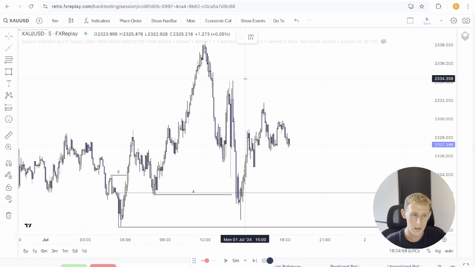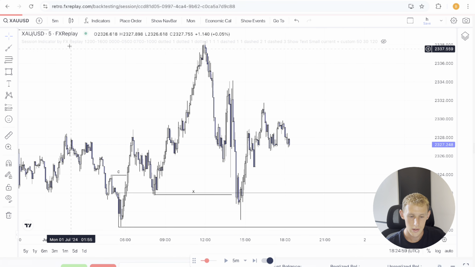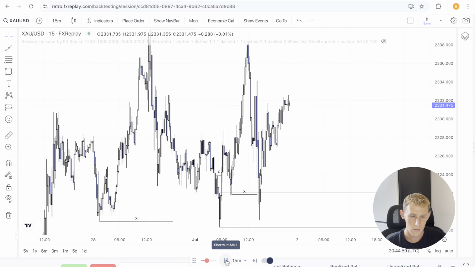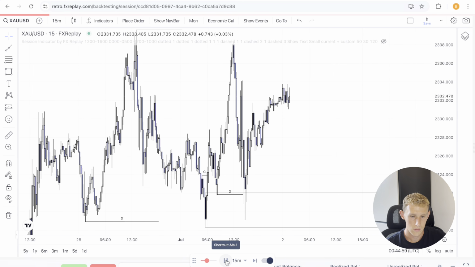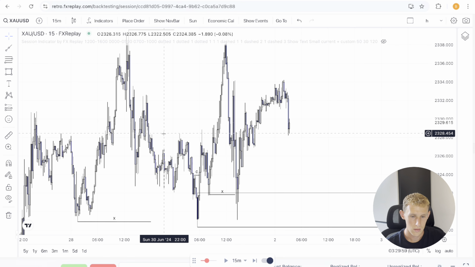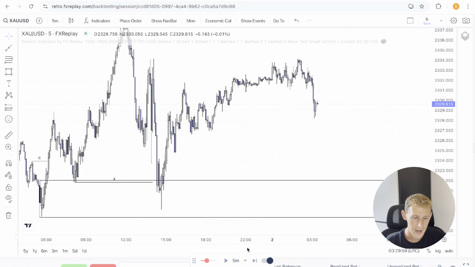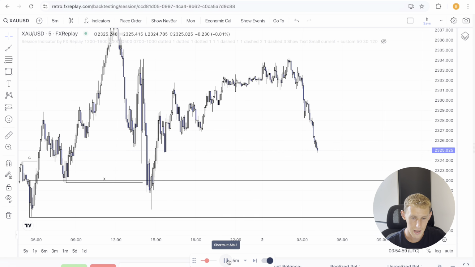Yeah, so at the moment, the lower high that price needs to break for a confirmation is this one. Right, there we go. It did break the lower high, but there's not a clear entry demand here, so I'm just going to let this develop some more.